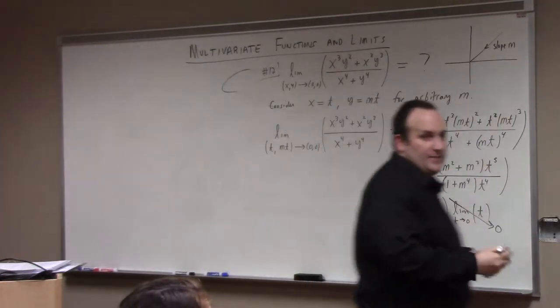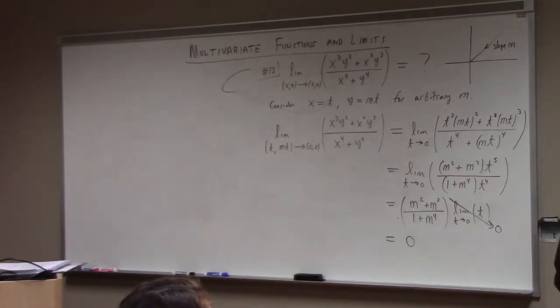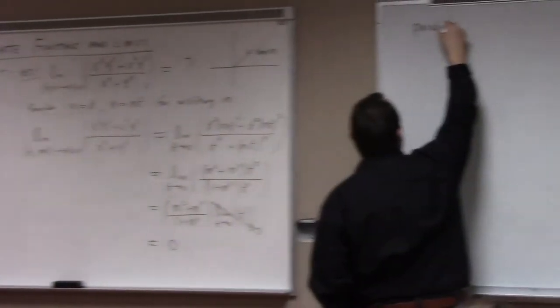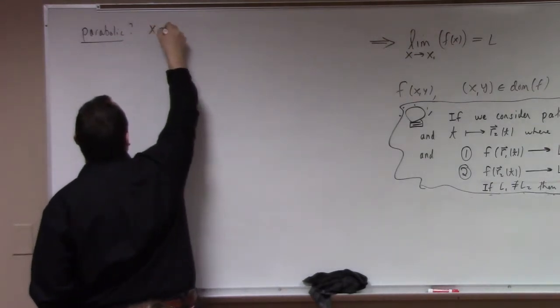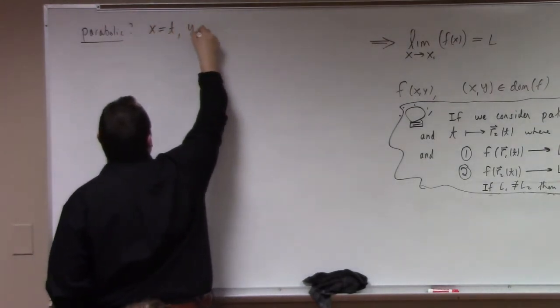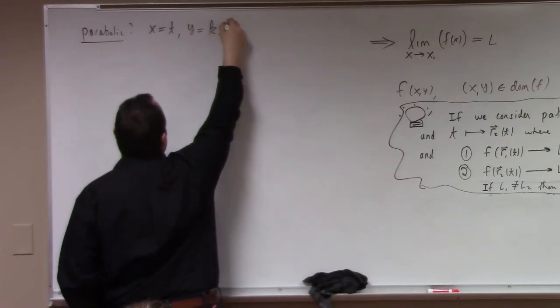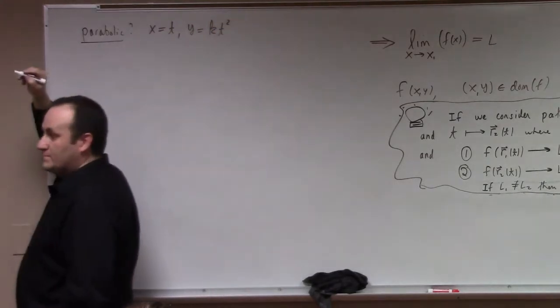So how would we try a parabolic path on this one? How about we set x equals t, y equals, say, kt squared, right?